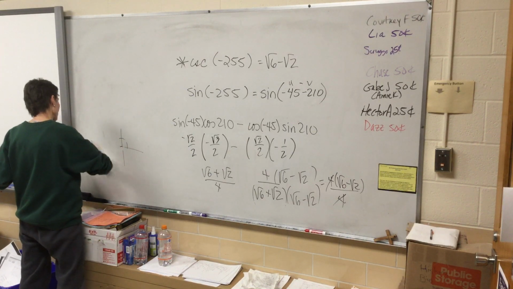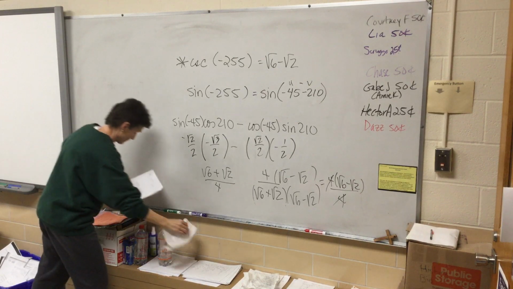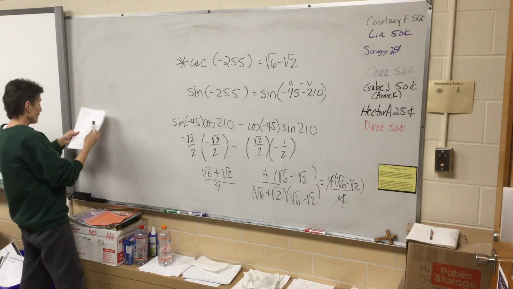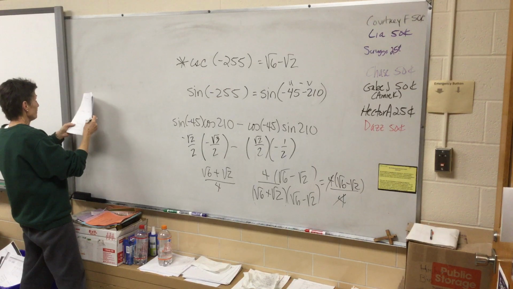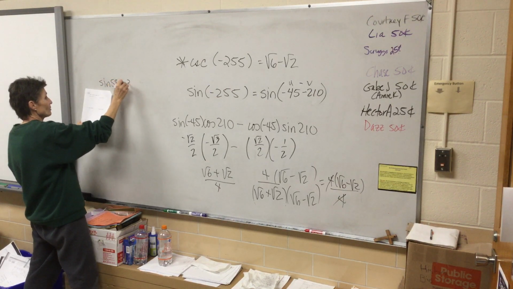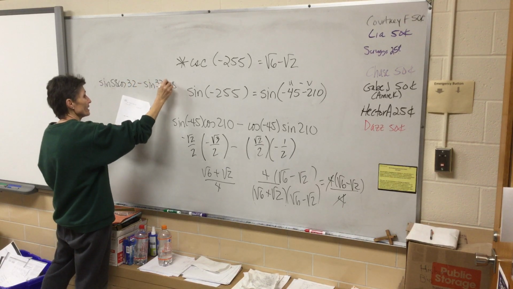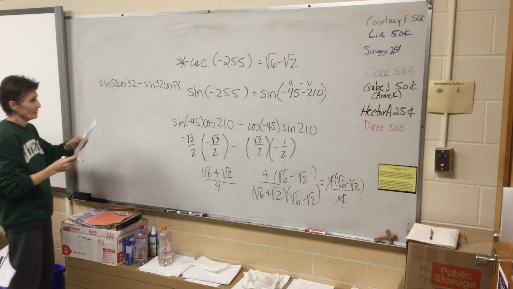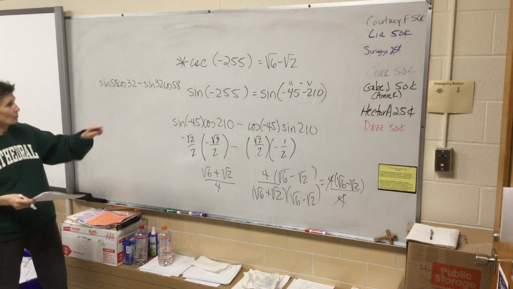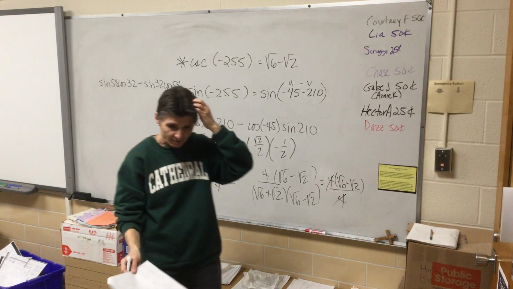Now, the next set of problems, I've got to make sure we're clear on what the directions mean. When you look at problem 2a, sine 58 cosine 32 minus sine 32 cosine 58, what formula or identity on your colored sheet does that remind you of?